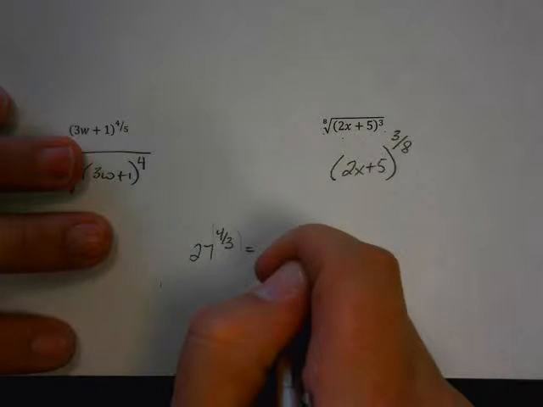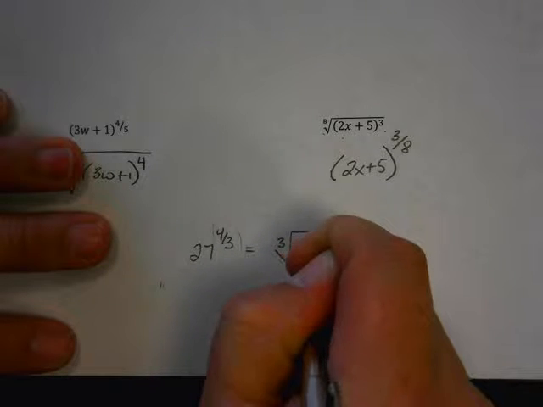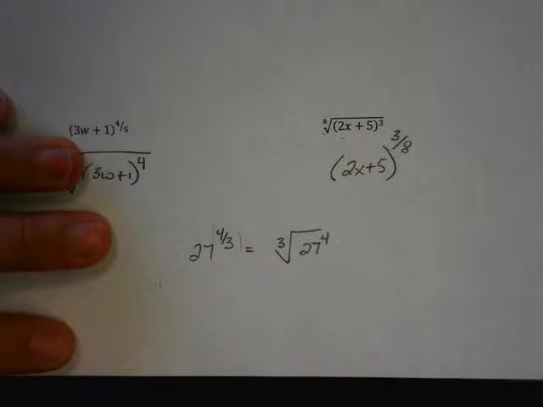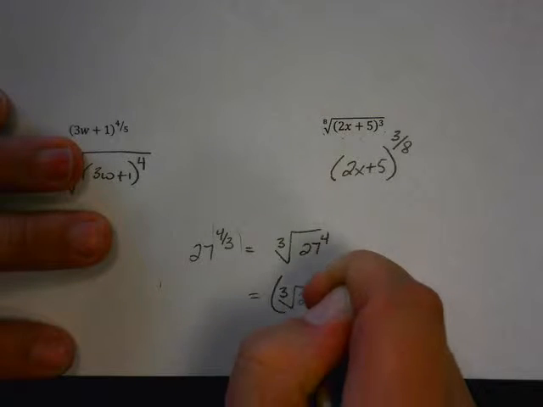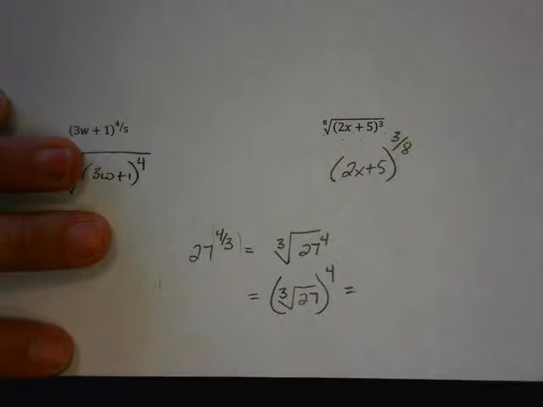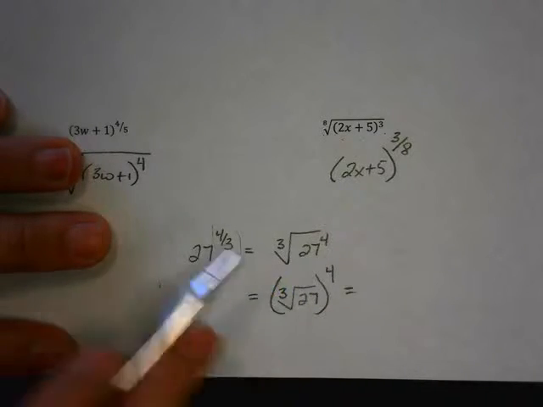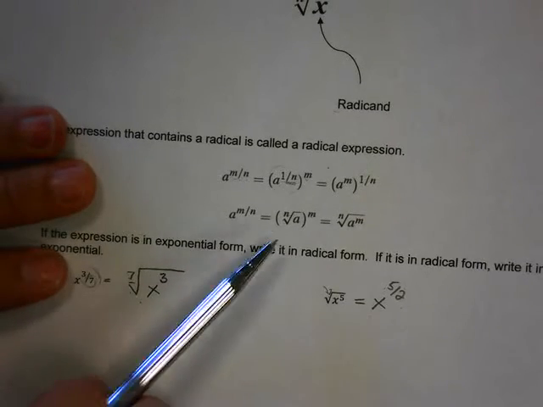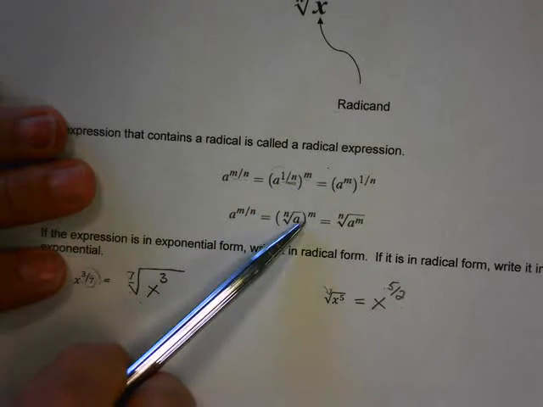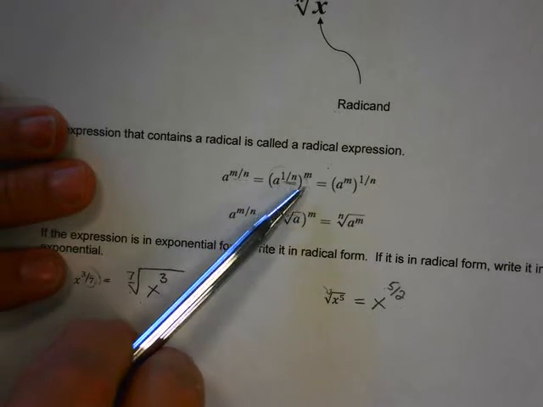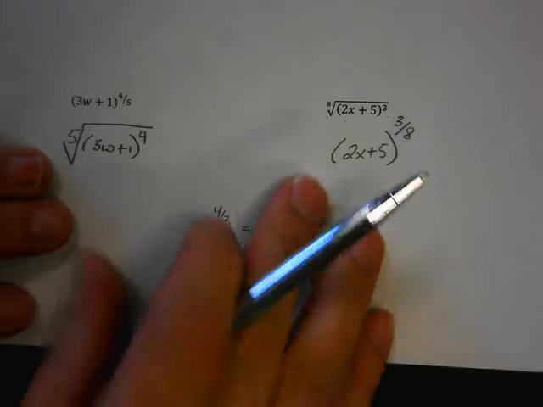This is saying take the cube root of 27 to the 4th power, or it's saying take the cube root of 27, get that answer, to the 4th power. It doesn't matter which order you're doing this in, and that's what this up here was really telling you.